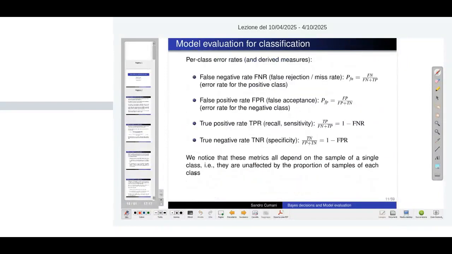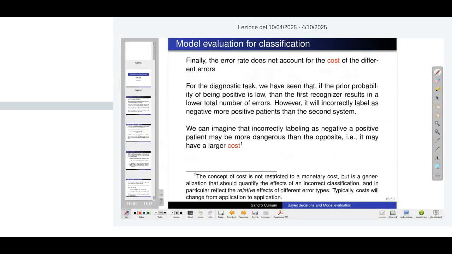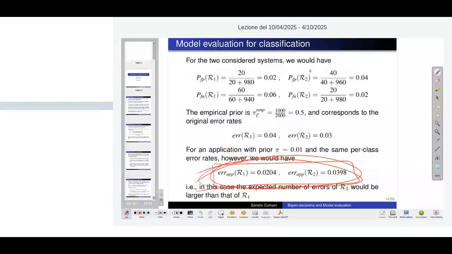For example, here you can just take the false positive and false negative rate, keep, for example, the prior 0.01, but now add costs for the two kinds of errors.